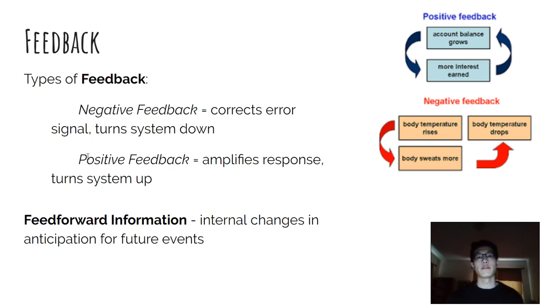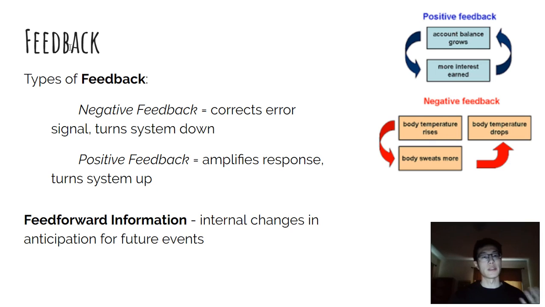Whereas we also have positive feedback, which actually amplifies the response. And the amplification of the response will ultimately turn the system up. And this is sometimes thought of as enhancement. So negative feedback is going to be more of an inhibitory effect, a decrease, a turning down effect. And then, of course, positive feedback, which is an amplification or an enhancement or turning up of the effect.